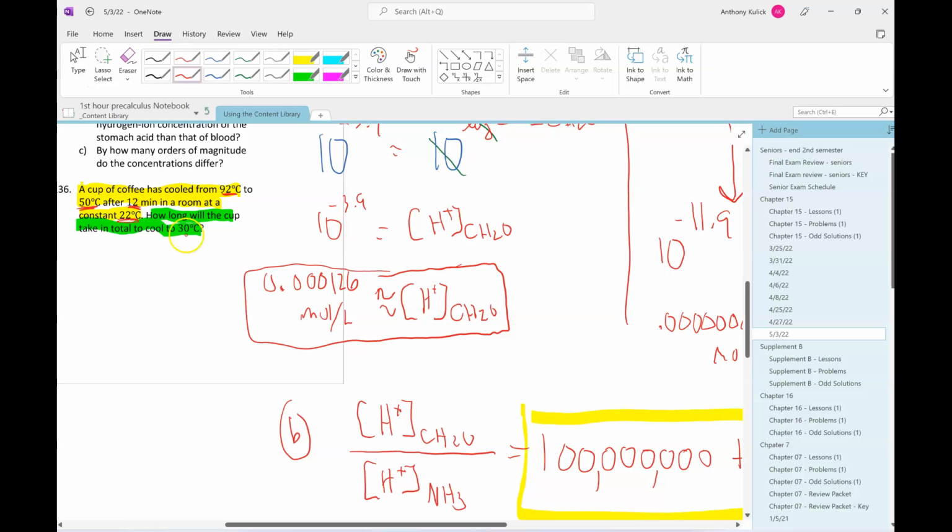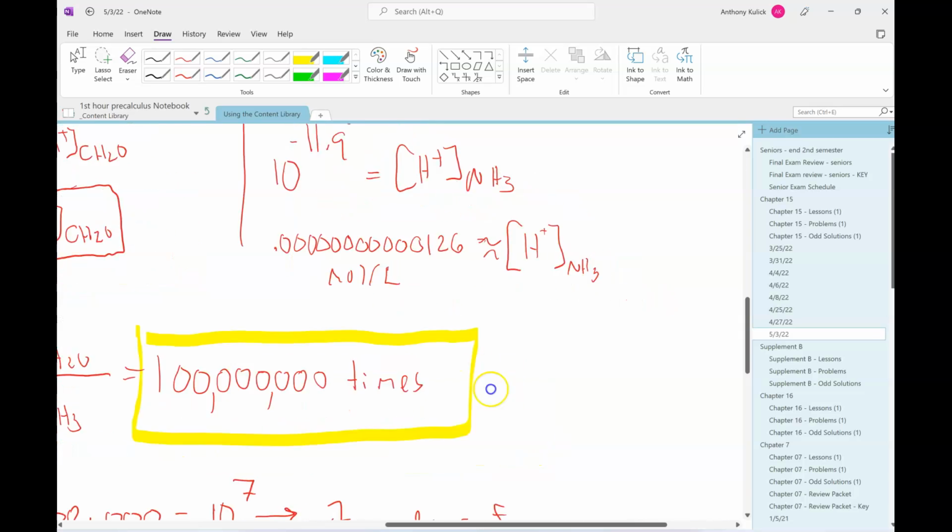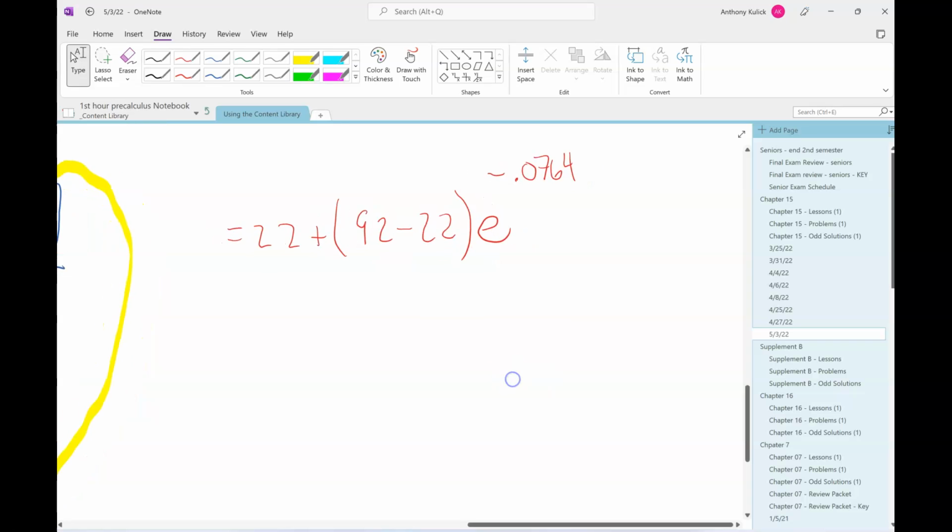And so the 30 degrees then must be our, there's only one spot left we could put it, right? Based on what we filled in, it has to be our T of t. Is that okay? So now we're just solving for t.